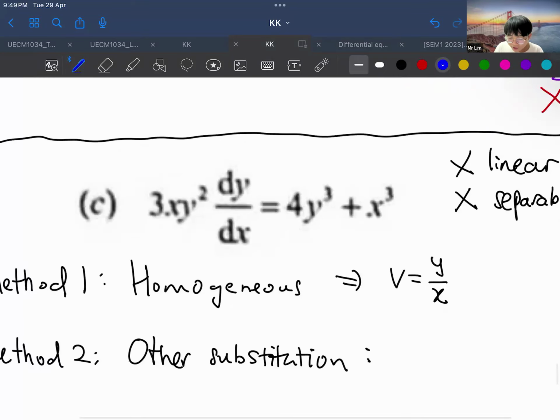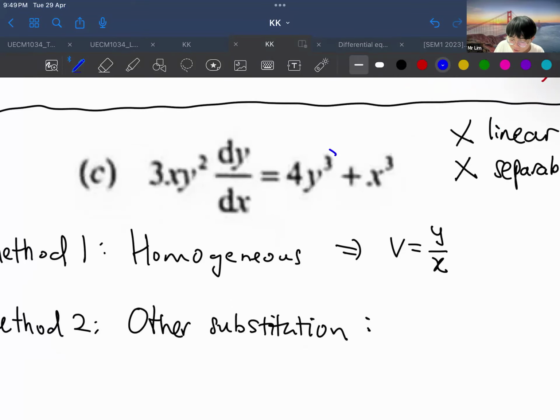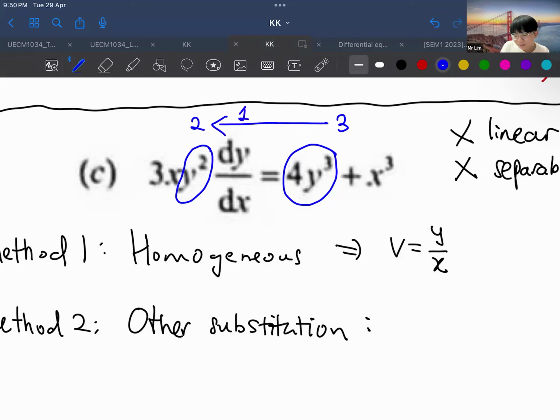So the hint is that based on this power 3, sorry, we cannot see it really clearly, and based on this power 2, the relationship is 3, 2, one less.